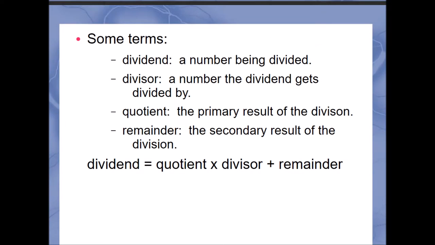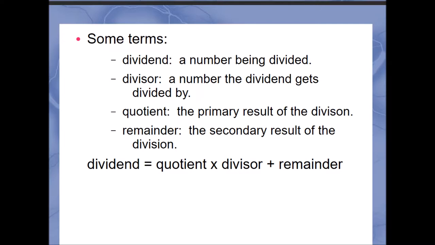To start off with, we're going to have to talk about some terms, just to remind you of what these different things mean. If I'm dividing an integer by another, the dividend is the number being divided. The divisor is the number dividing the dividend.